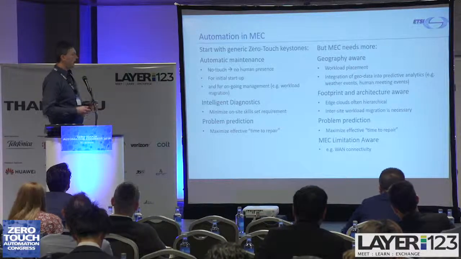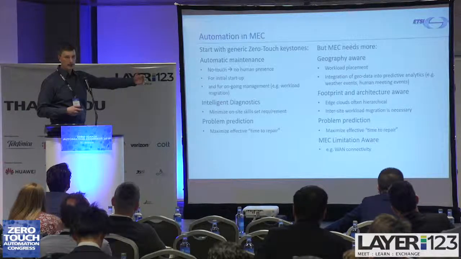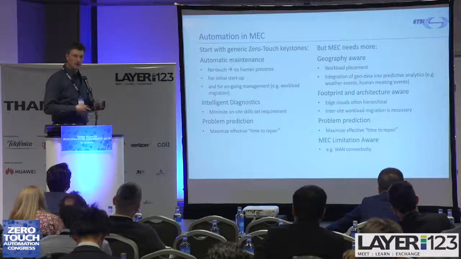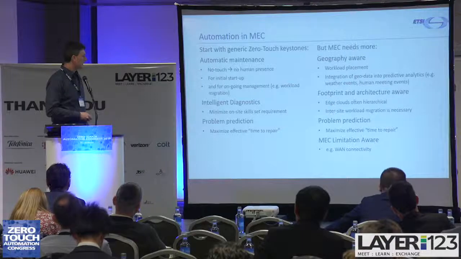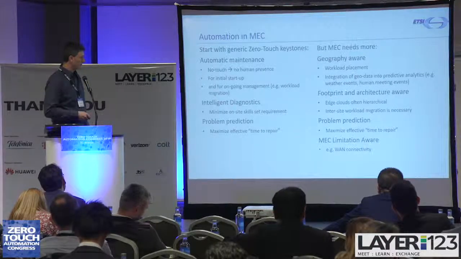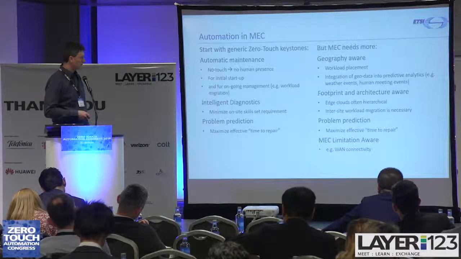While some workloads benefit from being all the way at the edge, you can move them back and they will still work with a very graceful degradation, and others you can't do that with. So in this automation process, you need to be aware of this, and this ability to figure out inter-site workload migration is going to be very important.